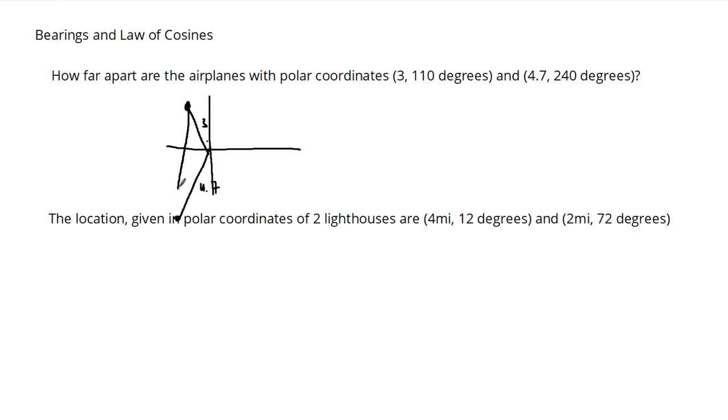So what you can find is this: since this is 110 and this is 240, this is 130. So you can use the previous chapter's law of cosines in order to find this length right here.